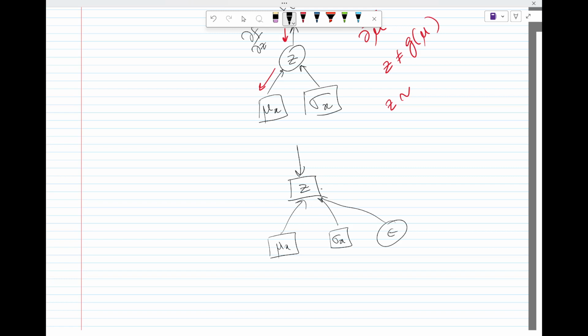So z is equal to mu x plus sigma x times epsilon, and this epsilon is from the standard normal distribution.